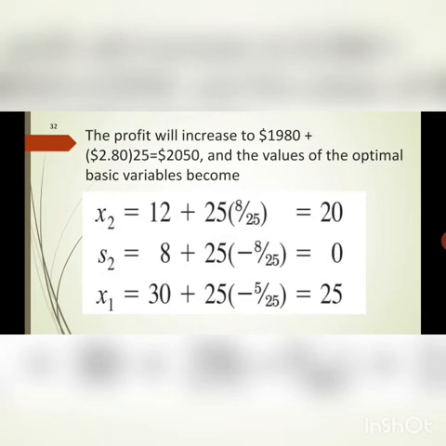So here the profit will increase to 1,980 plus $2.80 times 25, which is equal to $2,050. So the values of the optimal basic variables become x sub 2 is equal to 20, s sub 2 is equal to 0, and x sub 1 is equal to 25.